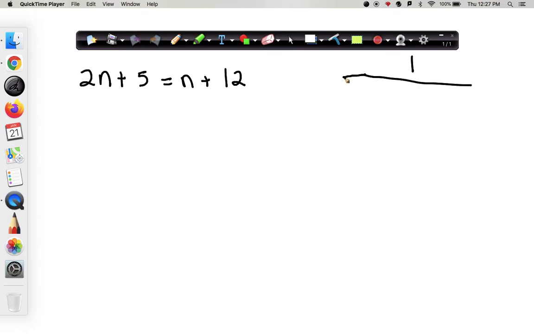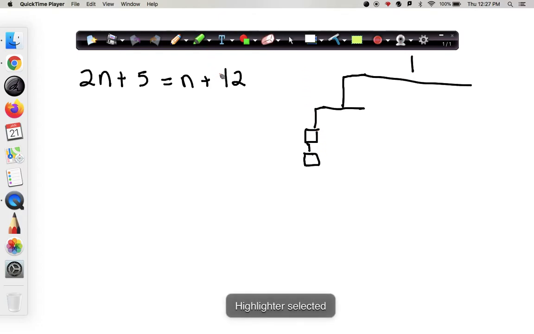And so on this side we'd have, if this represented an n and this represented another n, the same size and shape, let's color them red. And we also had on this side a weight that had 5.